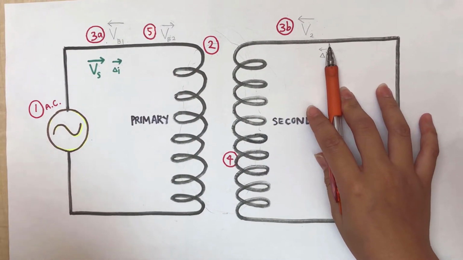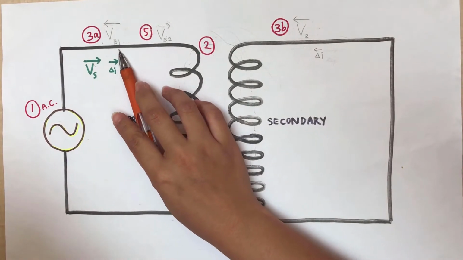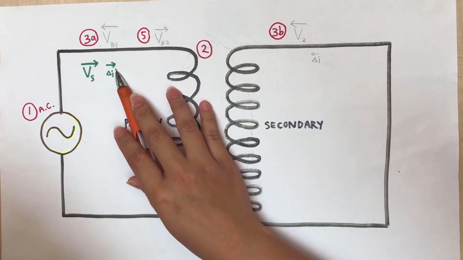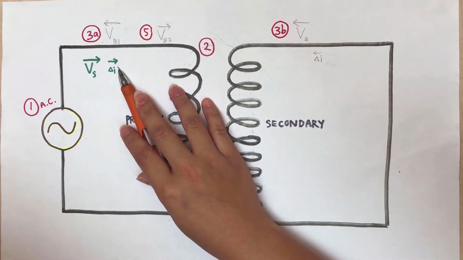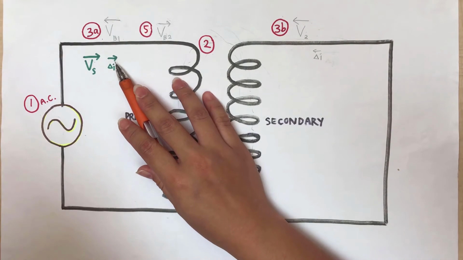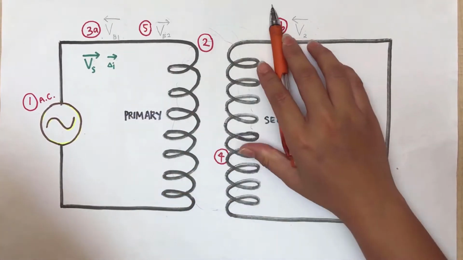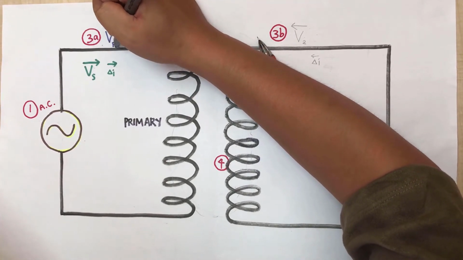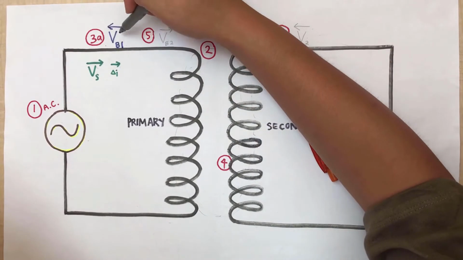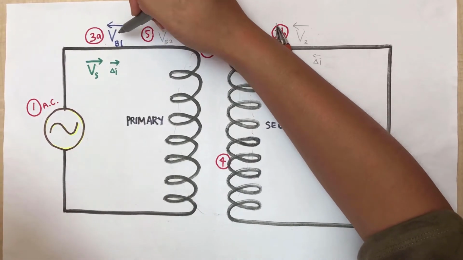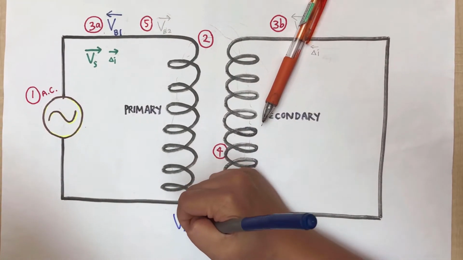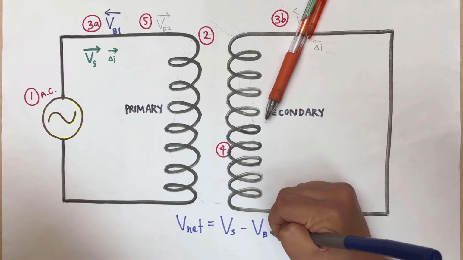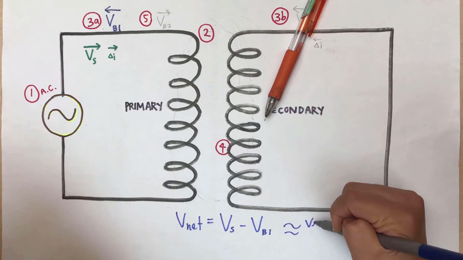Now, in the primary coil, the direction of the induced EMF opposes the supplied voltage, Vs, and the change in current, based on Lenz's law. This induced EMF is what you call back EMF. So I'll put it in blue, VB1, back EMF. And due to this back EMF, the net voltage, Vnet, equals Vs minus VB1, which is very small.